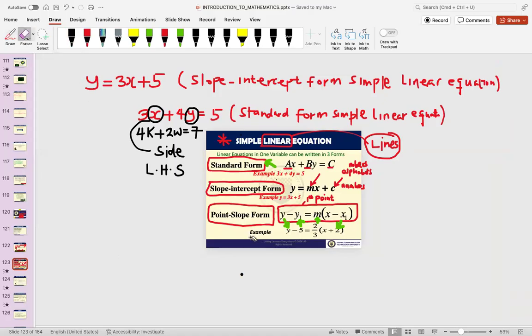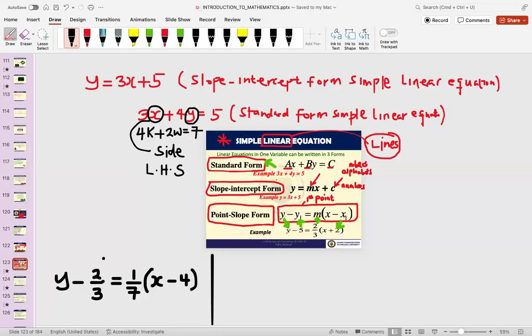If you have an equation of this form, y minus, let's say, 2 over 3 is equal to 1 over 7 into bracket x minus 4, the moment you see this, the point slope form should come into your mind, because this is y, and any number that follows it is the first point of y.